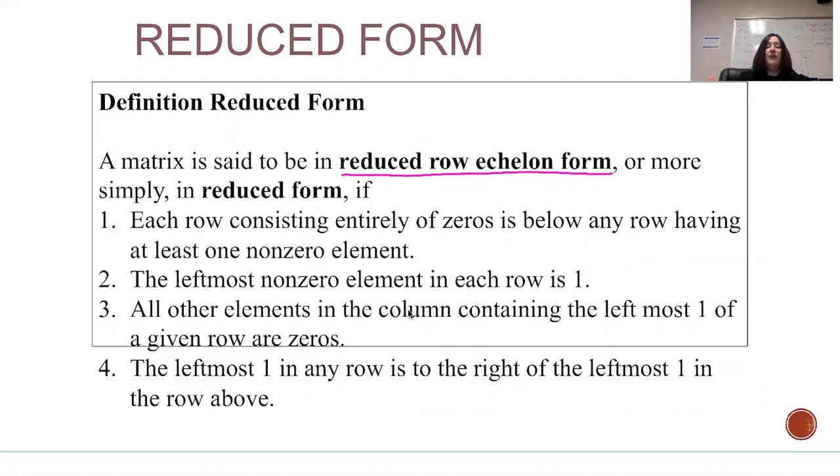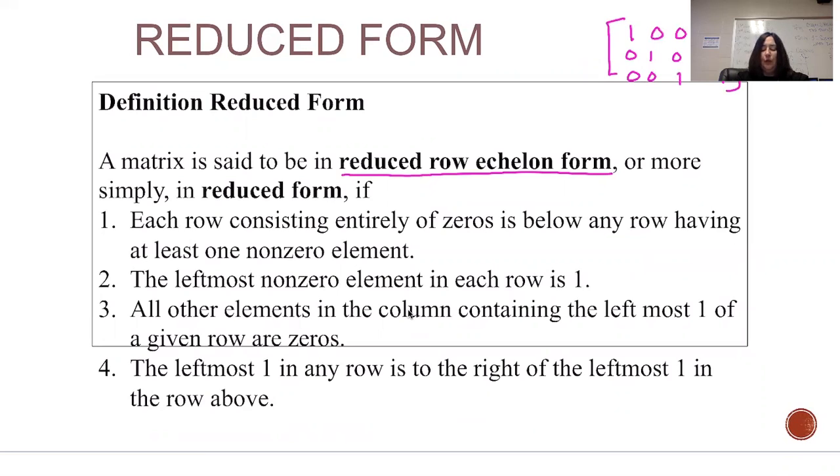So the number at the farthest left of every row has to be a 1. All other elements in the column containing the leftmost 1 are zeros. I'll show you an example here in a second. And the leftmost 1 in a row is to the right of the leftmost 1 in the row above. So an example of something in row echelon form could be something that looks like this.